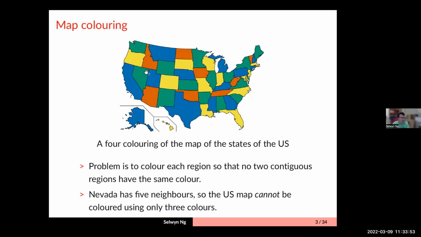So if you were to color this map, in particular Nevada green, then you could go blue, red, and then the last neighbor, the 5th one, will have to avoid the 3 colors around it. So this map cannot be colored in 3 colors. But anyway, 4 colors is sufficient in this case.